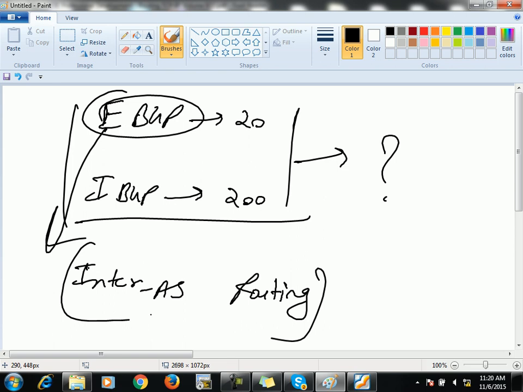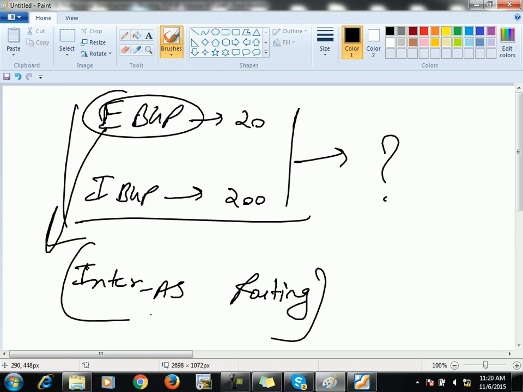So to control or maintain a huge number of prefixes in the routing table, BGP is there, right? Because you know very well that BGP is the only protocol which can perform intra-AS as well as inter-AS routing. It can perform both.